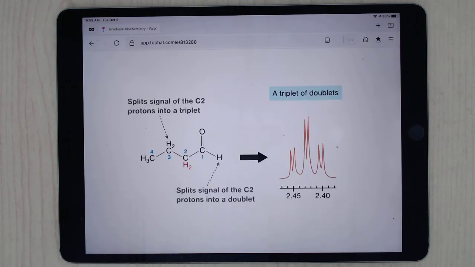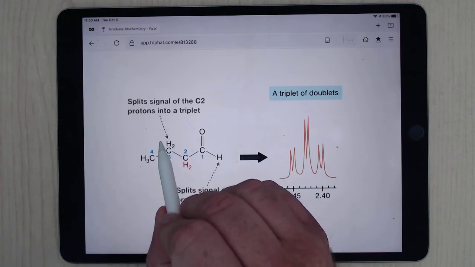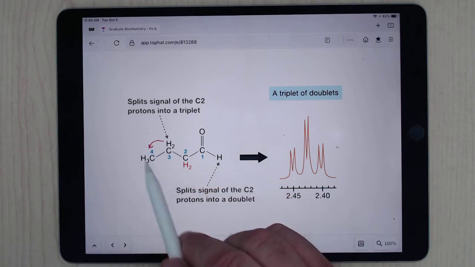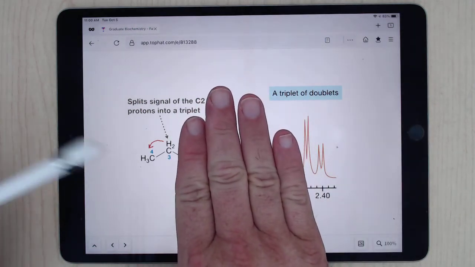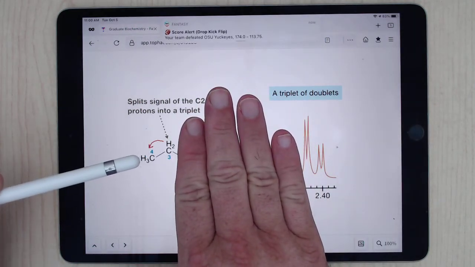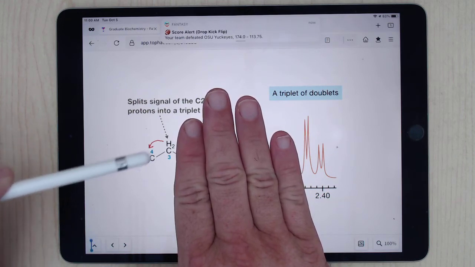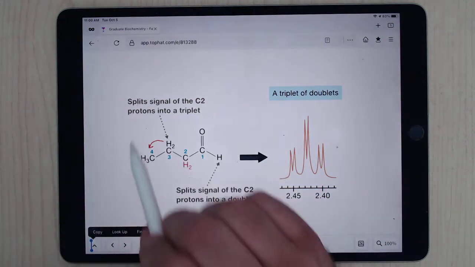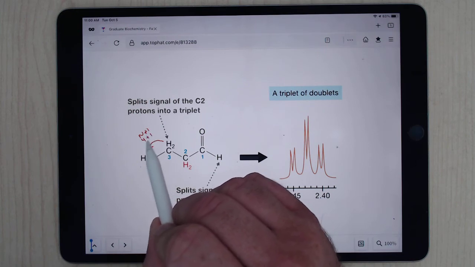And so if you look at, say, this one here, if we ignore this side and look on this side, these three are going to split that signal into a quartet. So n plus 1, 3 plus 1, it'd be a quartet.